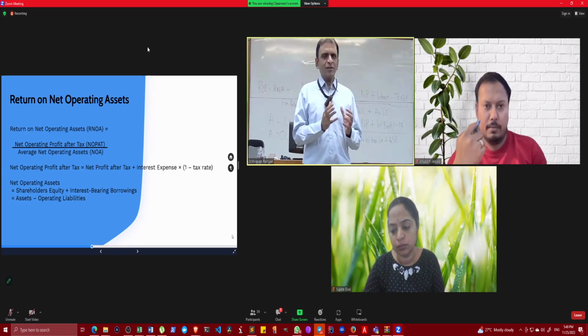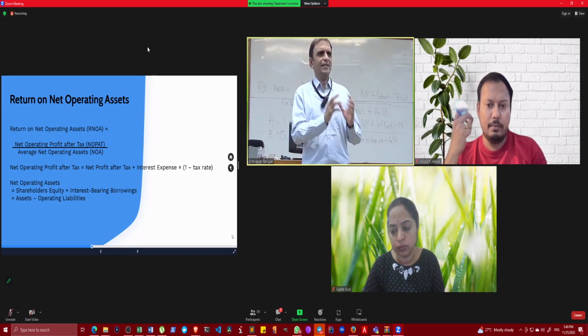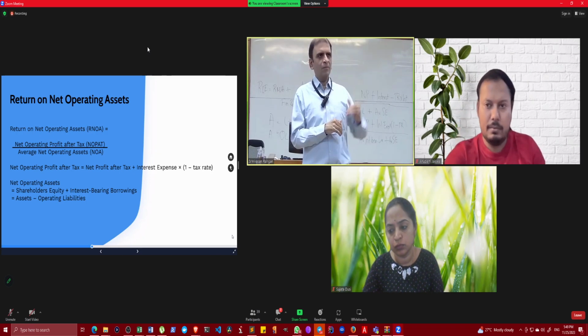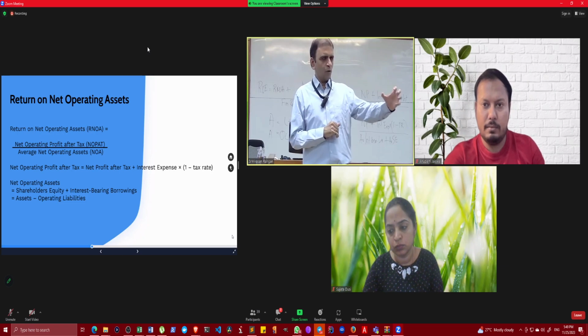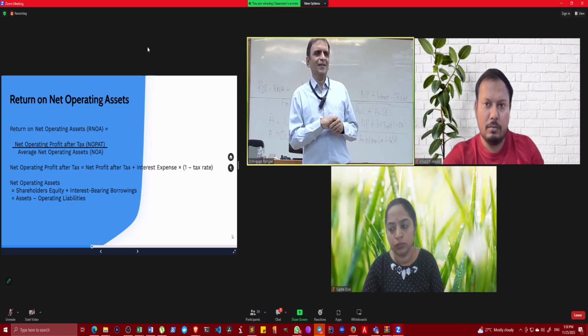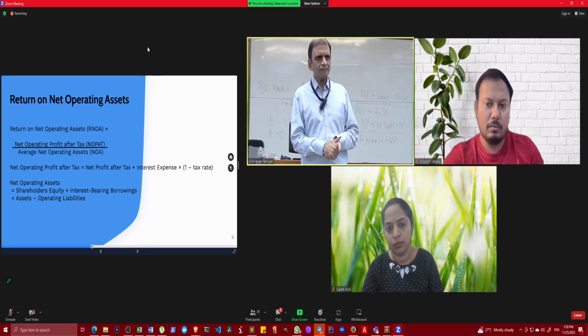So that financial return, this 3%, is telling you how well the finance department did their job. That's their role. They have to minimize their cost, borrow money at the lowest rate possible, and borrow optimally, not too much or too little. And that 3% tells you how the finance department performed. That's the difference.